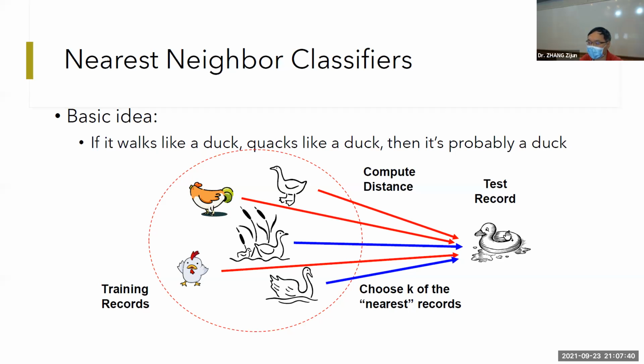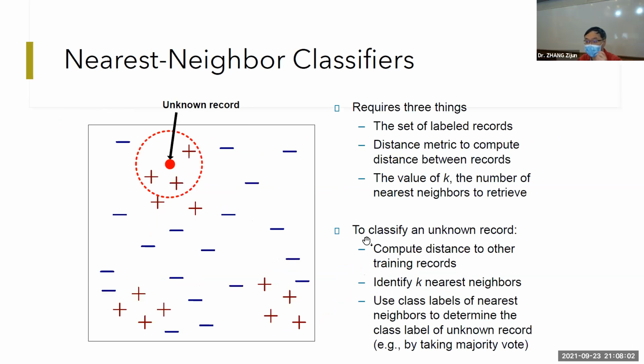So basically its logic is, based on a test record, to use the distance to find its k nearest neighbors first. Then based on the tags of the neighbors, we use a voting scheme. The majority wins and the tag of the majority will be assigned to this test record. It's very simple.